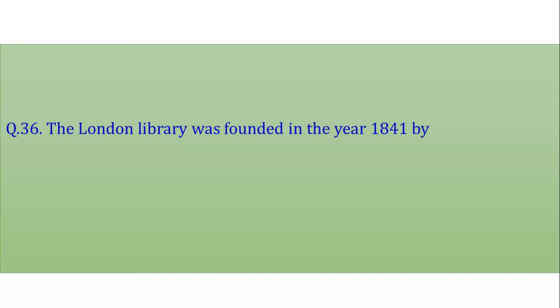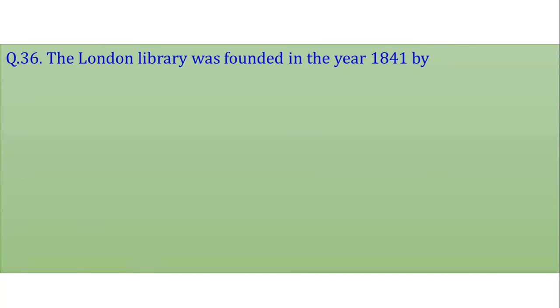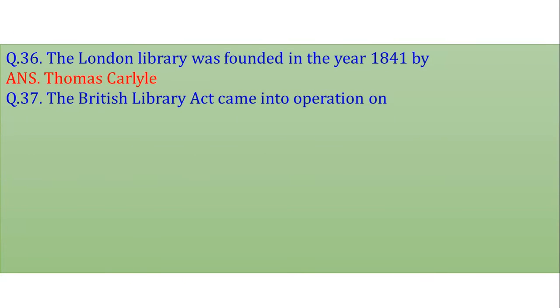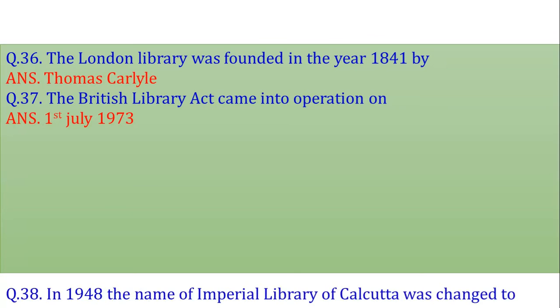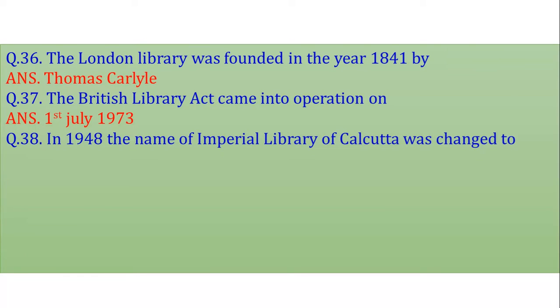The London Library was founded in the year 1841 by Thomas Carlyle. The British Library Act came into operation on 1st July 1973. In 1948, the name of Imperial Library of Calcutta was changed to National Library of India.